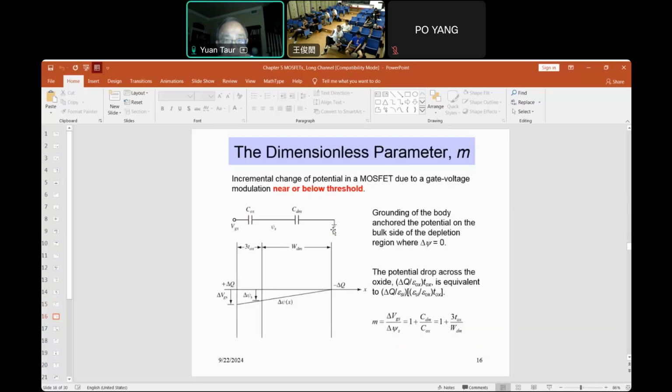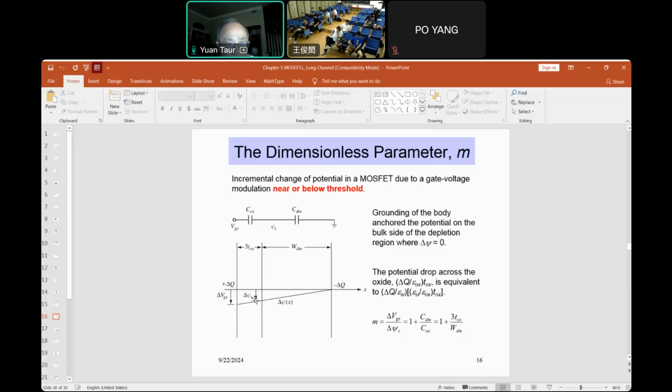So the physical meaning of M is that we try to control the inversion charge in silicon by controlling the surface potential. But we cannot control the internal surface potential. We can only control the external gate voltage.